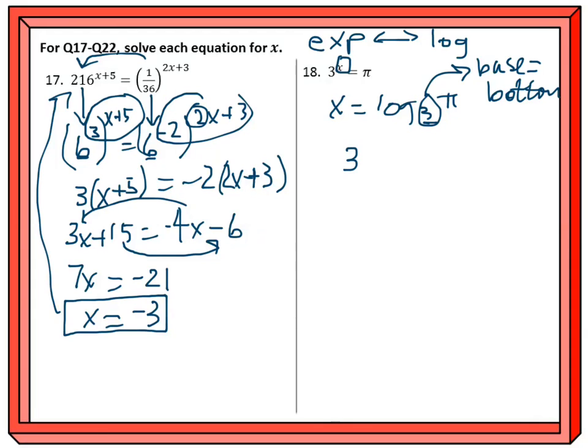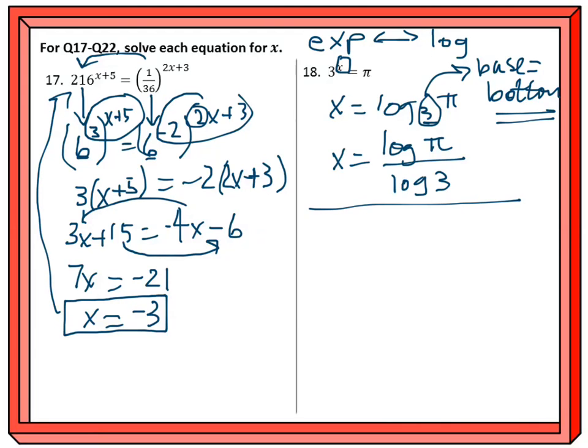Use the change of base formula, you'd go log of what you're taking the log of, and that can be common log or that can be the natural log, pi divided by the log of 3. Like I said, what some people did wrong on this is that they switched it. They put the log of 3 on the top and the log of pi on the bottom, but the base goes on the bottom.